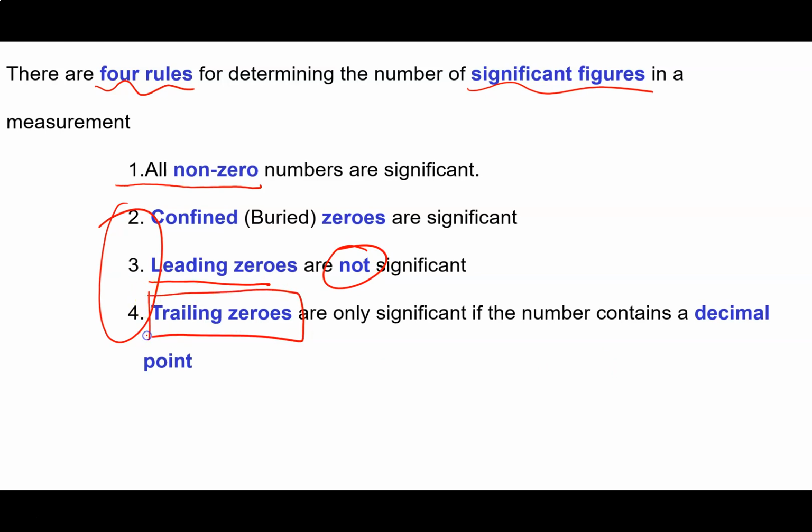Now, trailing zeros may or may not be significant, and how we indicate that they are significant is to put a decimal point in our number. So if I write 100, this would have 1 significant figure, but if I write 100 and then put a decimal point on the end, according to this rule that says trailing zeros are only significant if the number contains a decimal point, now those zeros are suddenly significant, and this number has 3 significant figures.